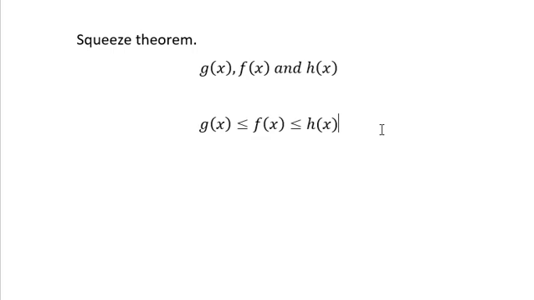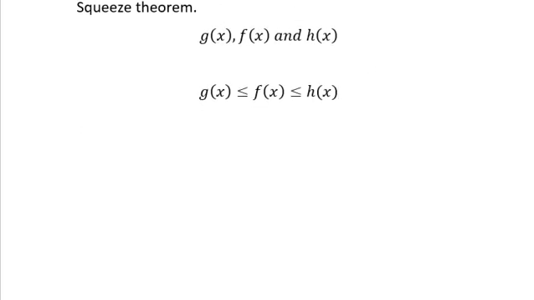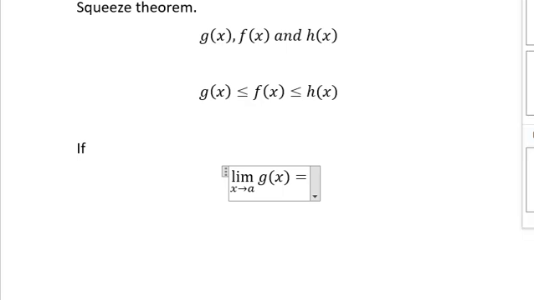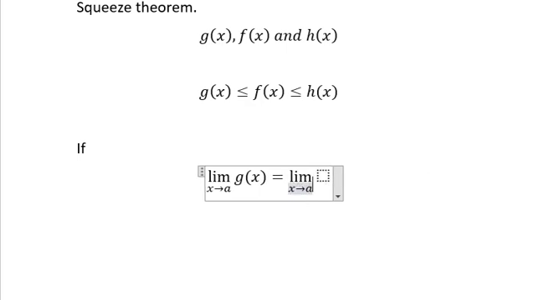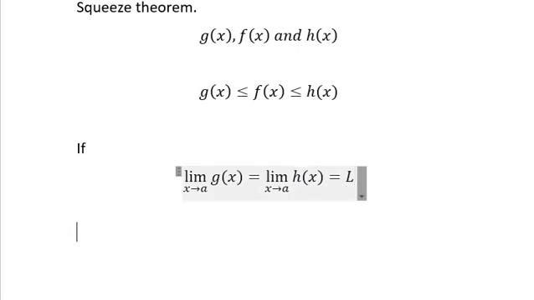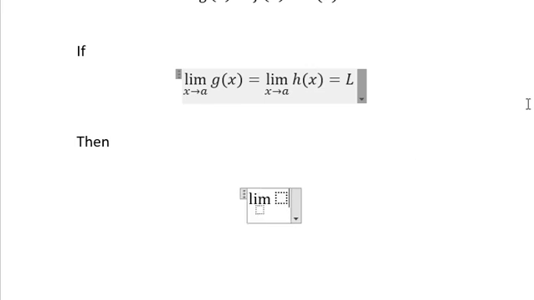If this is true in a given interval that contains a, then if the limit as x approaches a of g of x is the same as the limit as x approaches a of h of x, and let's say this will be equal to a given number L, if they are both the same, then the limit as x approaches a of f of x will be L as well.